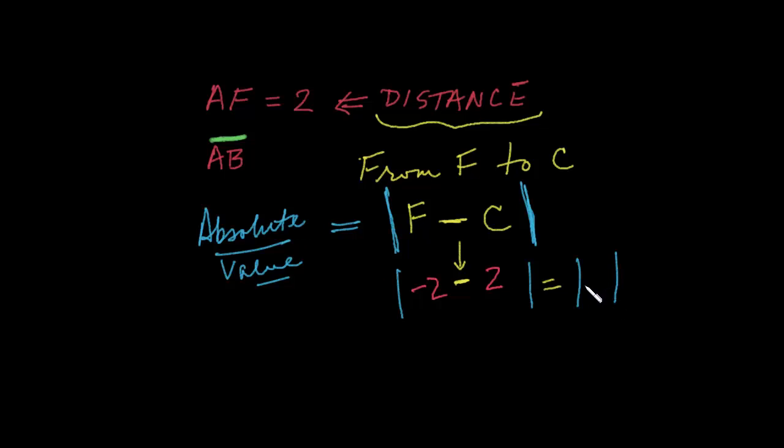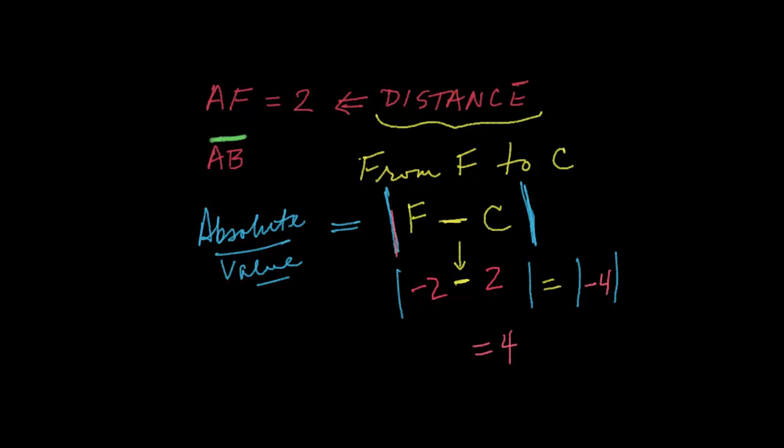We have the -4 in the absolute value symbols, and the absolute value of -4, of course, is 4. Very, very helpful. So in this particular case, and in all cases for the most part, what we want to remember is that the absolute value symbols allow us to always generate the distance.